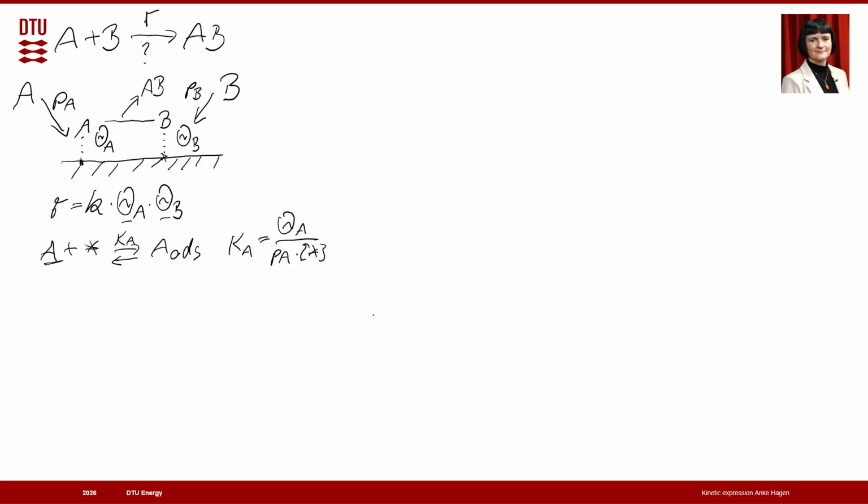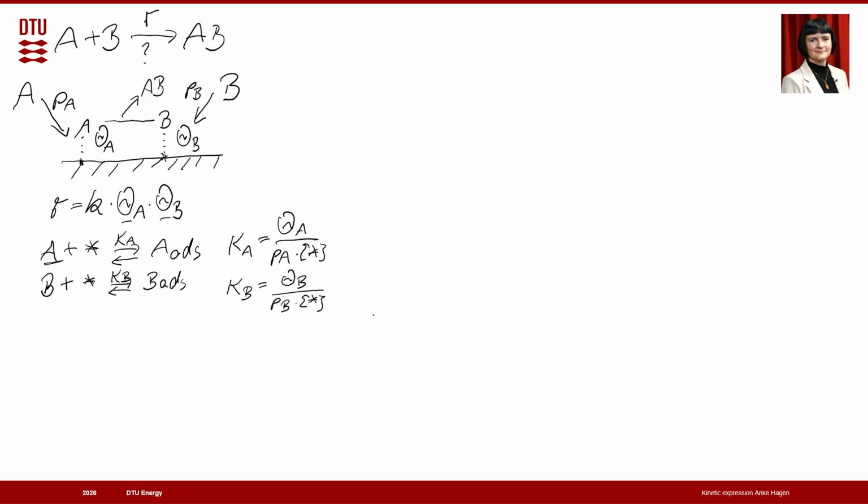We can write the same for species B. B reacts with a surface site to give adsorbed species B, and as it is a fast reaction, it is in thermodynamic equilibrium and can be written as Kb equals adsorbed species B divided by partial pressure B times free surface sites.